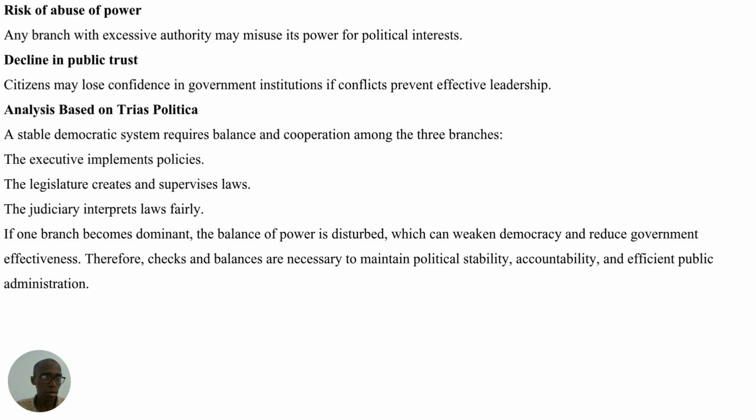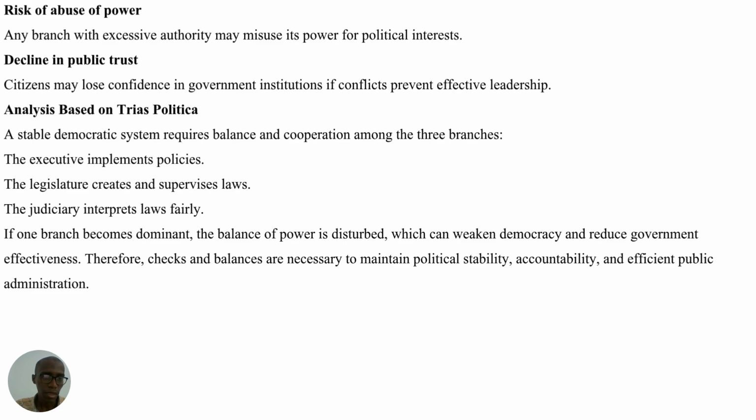Analysis based on trias politica: a stable democratic system requires balance and cooperation among the three branches. The executive implements policies, the legislature creates and supervises laws, and the judiciary interprets law fairly.